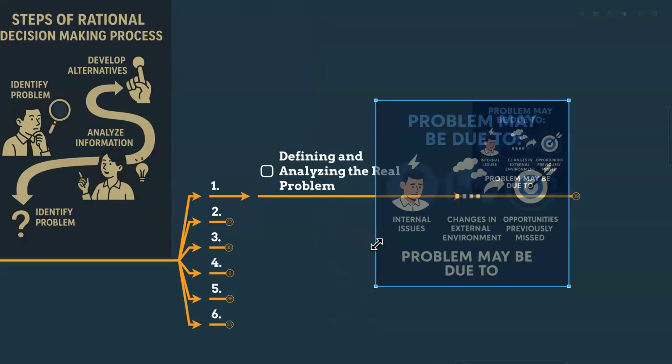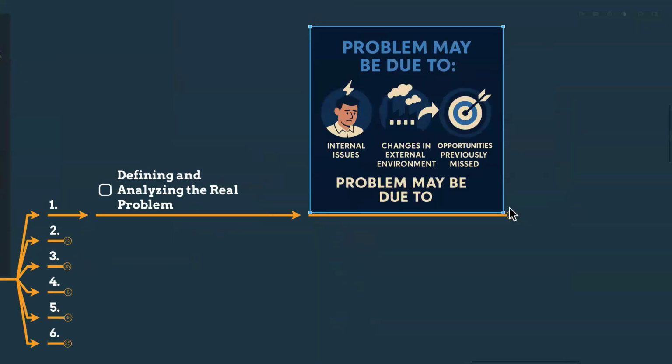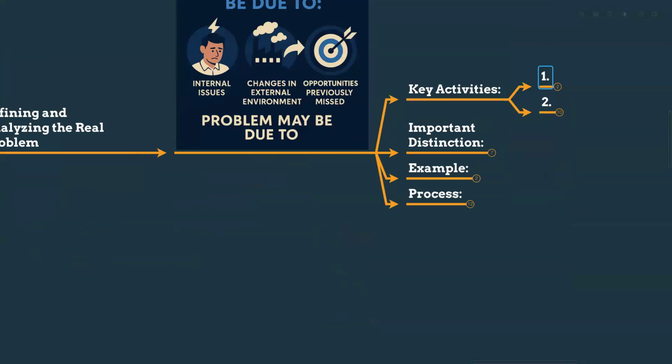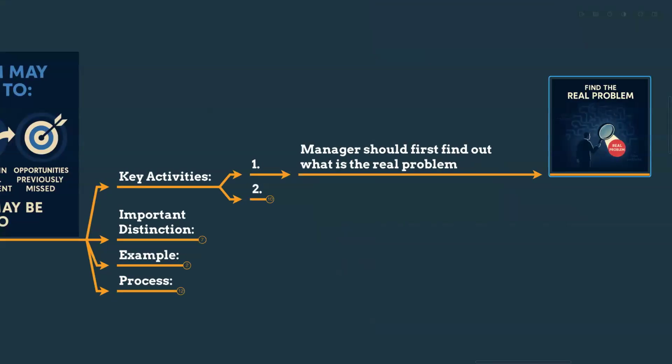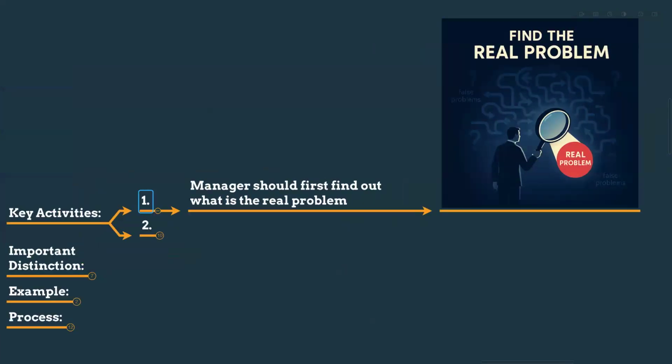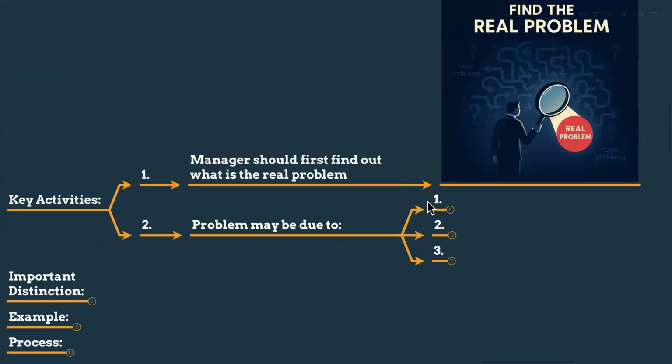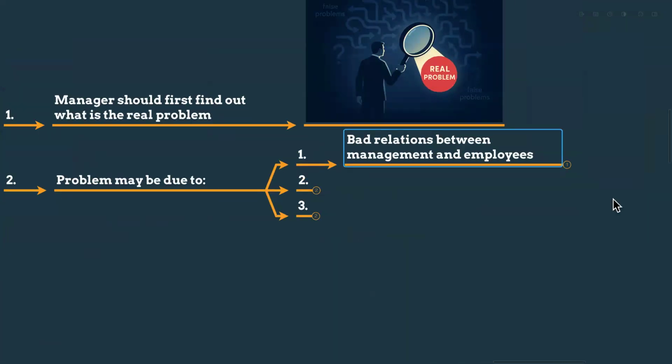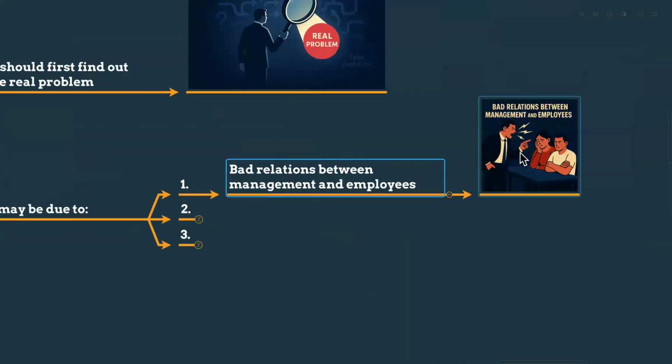So the problem, we have to understand. You have to define and analyze what the actual problem is. The key activity here is that the manager should first find out what the real problem is, right? The problem can be due to bad relations between the employees and the management.